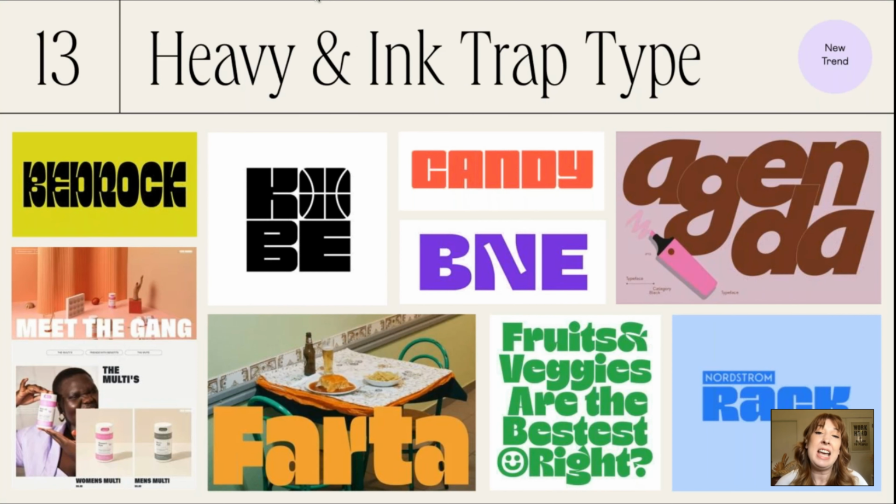Trend 13, heavy and ink trap type. So this is a new trend that's definitely popping out in the last year or so, where it probably leans into some of that nostalgia stuff that we were talking about, especially with the 70s and all of that, but it's kind of taking its own form as well, especially ink trap type.